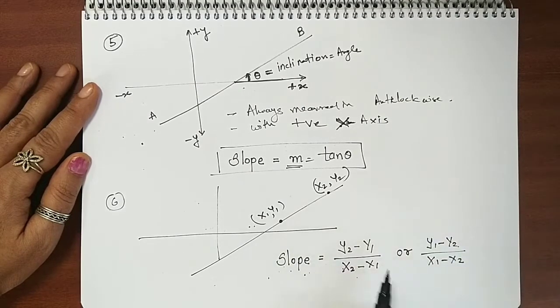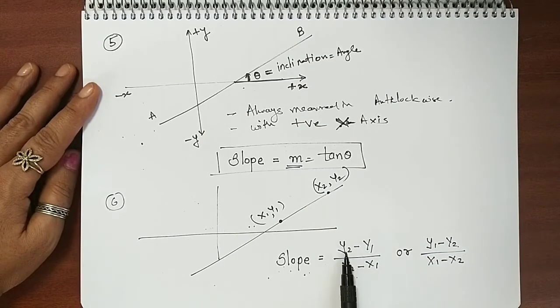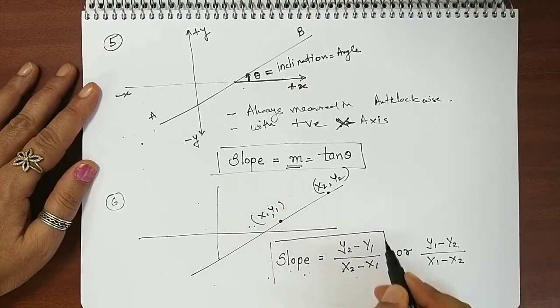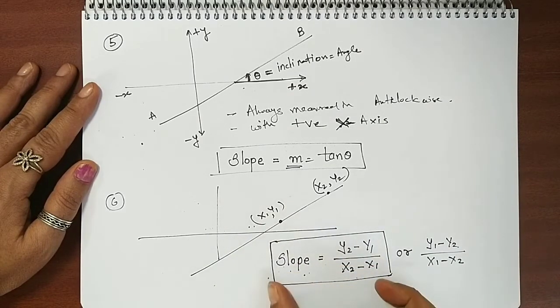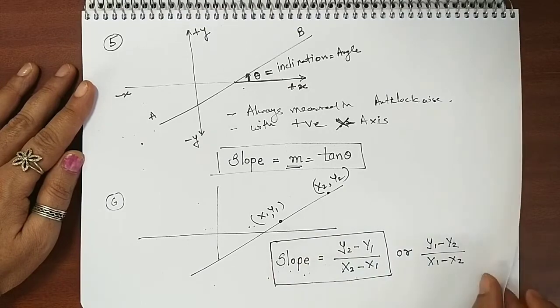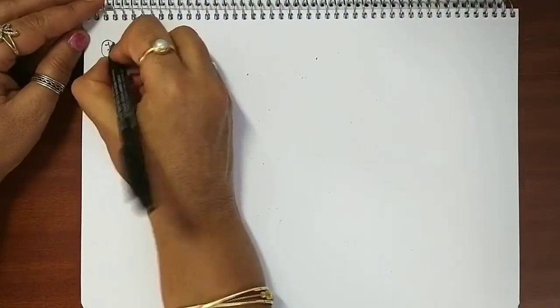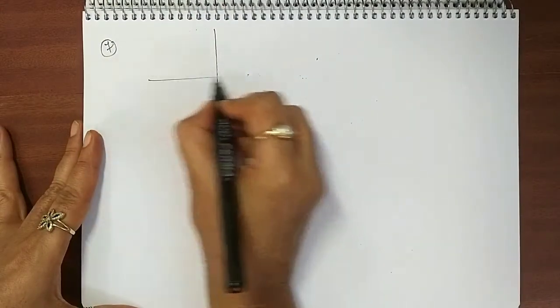Both are correct. Just remember, y should be on top and x on denominator. Either you can take y2 minus y1 by x2 minus x1, or y1 minus y2 by x1 minus x2. Doesn't matter. I will always use this, and your book will also use it. So make it a habit to use this only. Okay. Now next thing I wanted to tell you, that these both are the same thing.